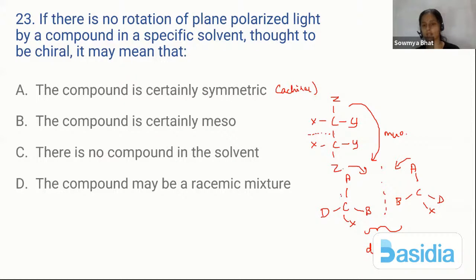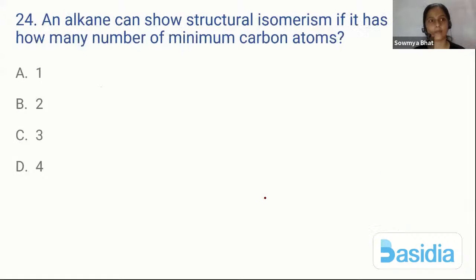This is a D isomer and this is an L isomer. Whenever you have the equimolar mixture of D and L, the optical rotation caused by D is going to be cancelled by the optical rotation caused by the L isomer, which is called a racemic mixture. Due to change in the environment or the temperature or the solvent conditions, the compound may behave as achiral, but the compound is definitely a chiral substance.